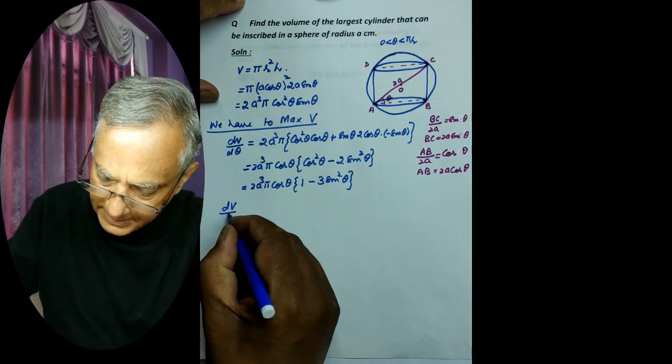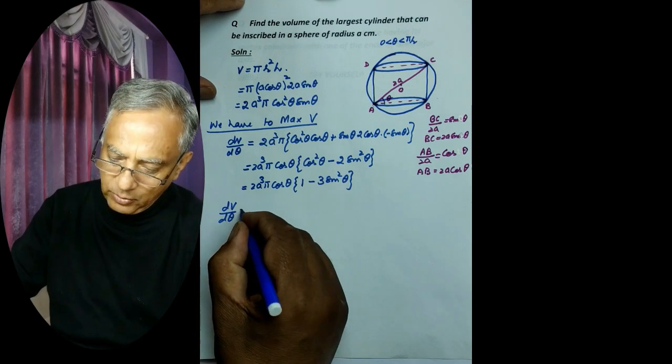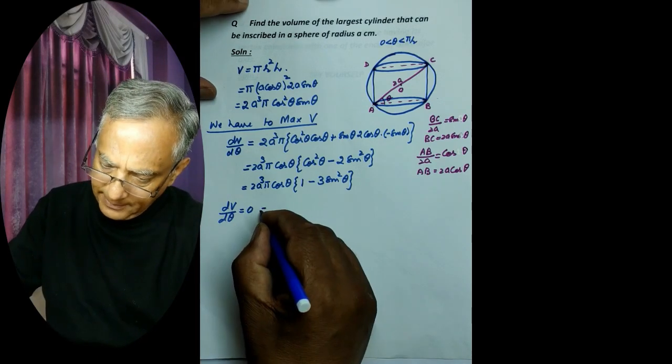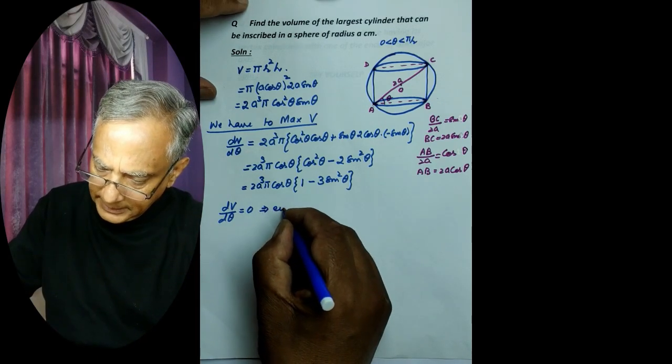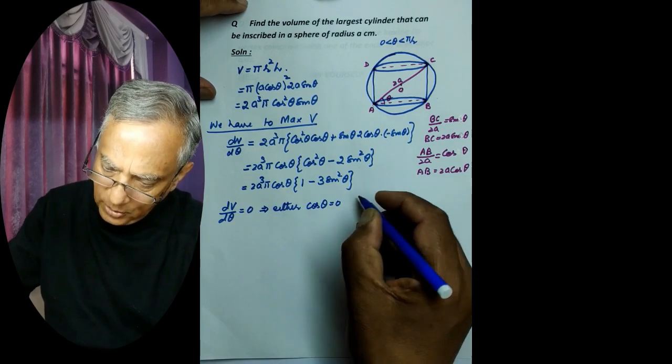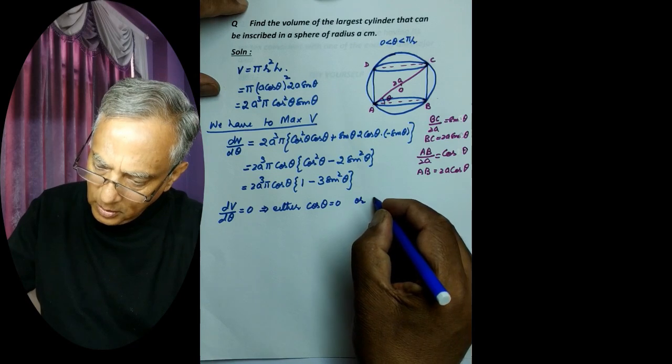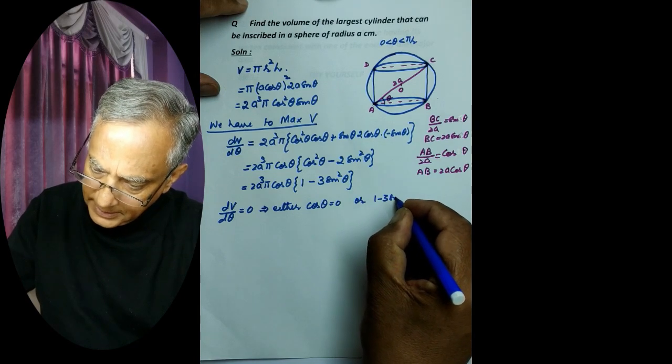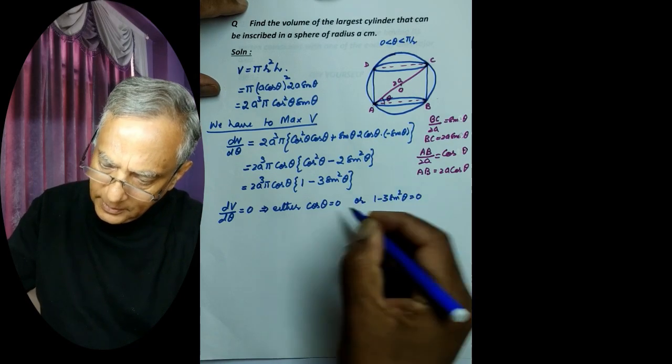Now to maximize this, we put dV by d theta equal to 0. And this implies either cos theta is 0 or 1 minus 3 sine square theta is 0.